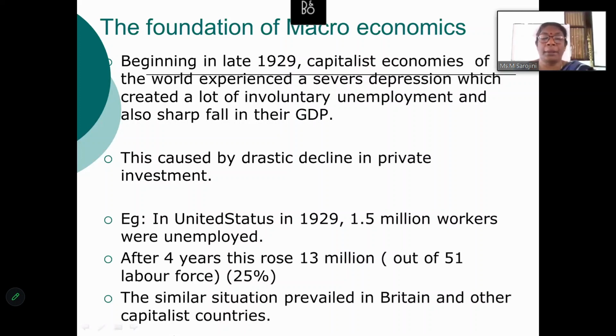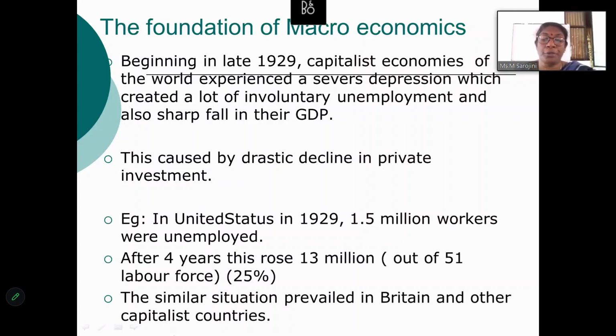For example, in the US in 1929, 1.5 million workers were unemployed. After 4 years, this increased to 13 million, from 1.3 to 13 million. So a drastic increase in unemployment.